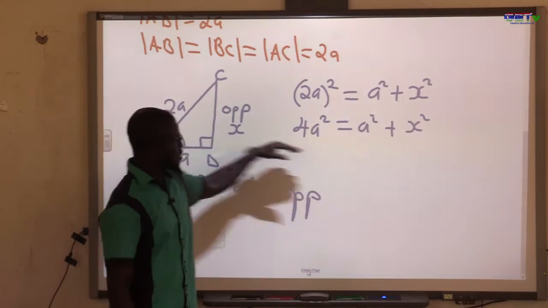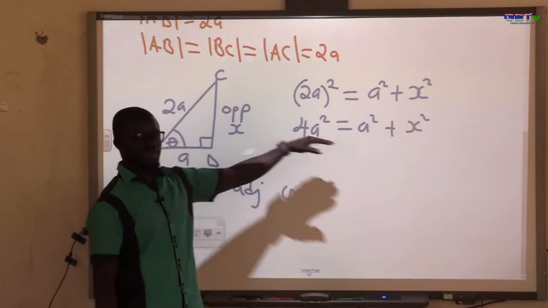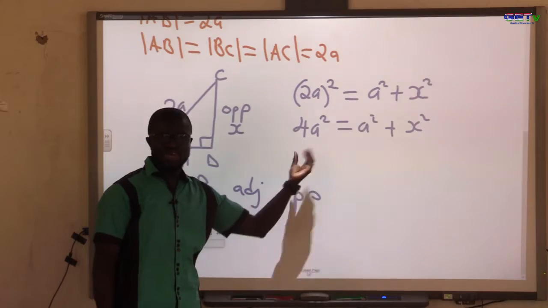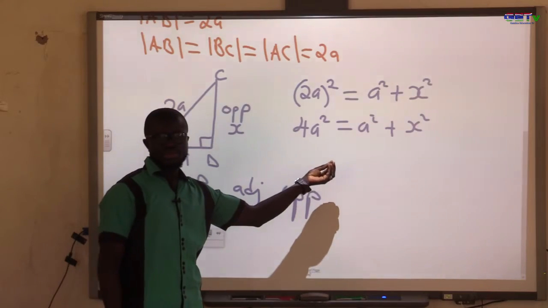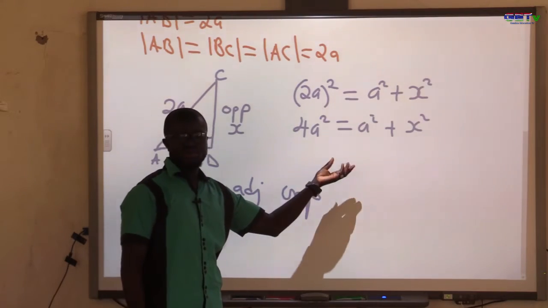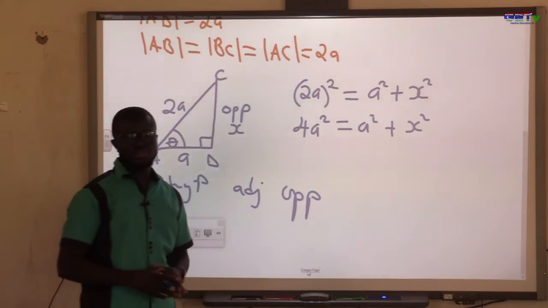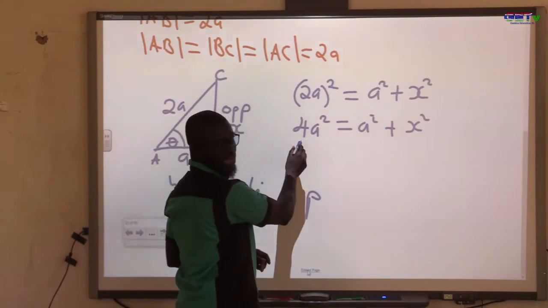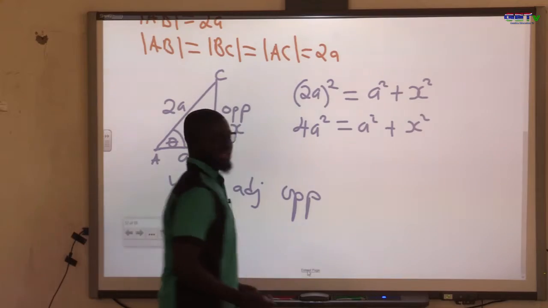If you look at the equation given, we can identify something there. What can you identify? There are like terms. And what are these like terms? 4A squared is a like term to A squared.